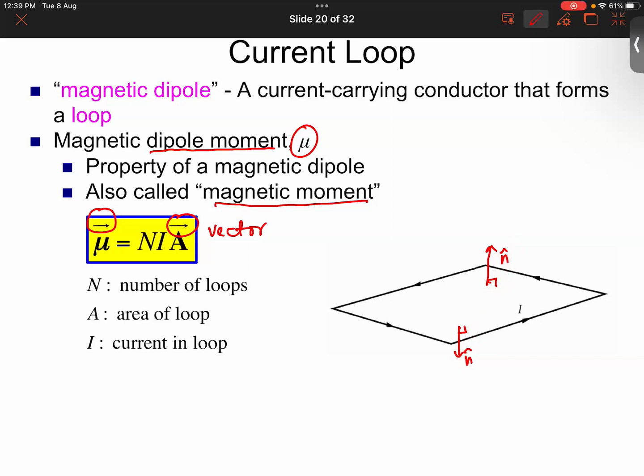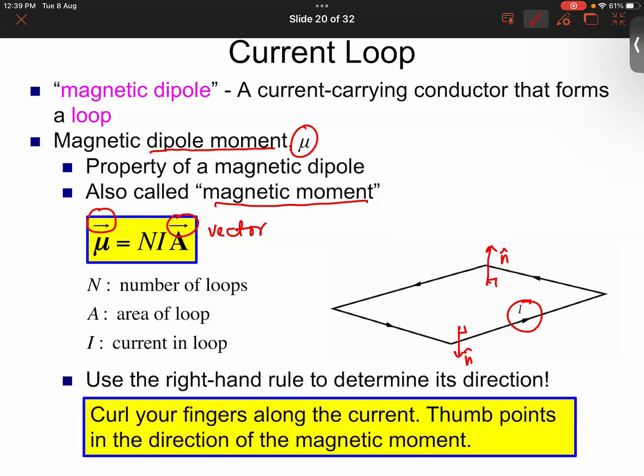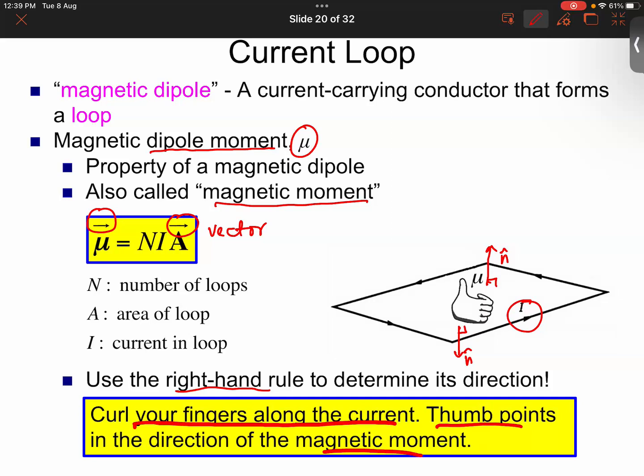So it's ambiguous. To remove the ambiguity, we use the direction of the current to define the direction of this area, or this normal to the area. We use the current direction and what we call right-hand rule number 2, where you curl your fingers in the direction of the current and the thumb points in the direction of the magnetic moment, like so.